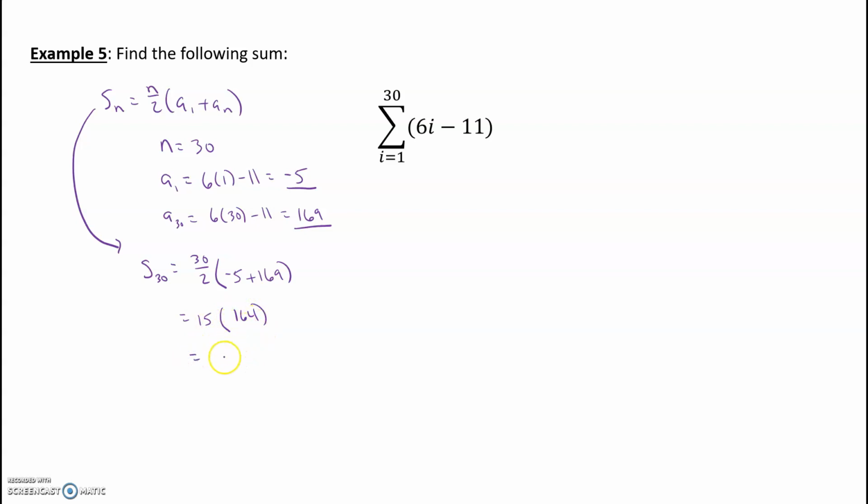And 164 times 15 gets me 2,460. It just saves you some time. I don't want to sit here, plug in 1, get a number, plug in 2, get a number, plug in 3, all the way up to 30, and then add them all up. That's craziness. So the summation formula definitely saves you some time.